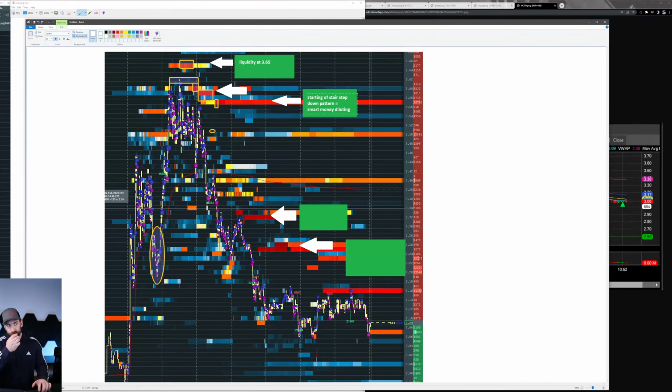I use diluting to say they're selling over here. And then over here we have more pressure off the stair step down pattern. Okay, and then over here continuing smart money, topping out, action, and unwinding.